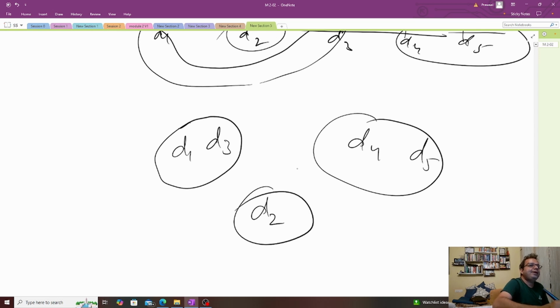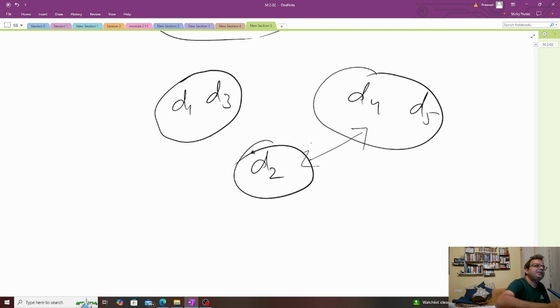If I have to find the distance of this cluster from these clusters, how do I calculate it? Should I use d4 or d5? There are multiple methods, but the GARP only talks about two. One is called single linkage, and the other is called complete linkage.